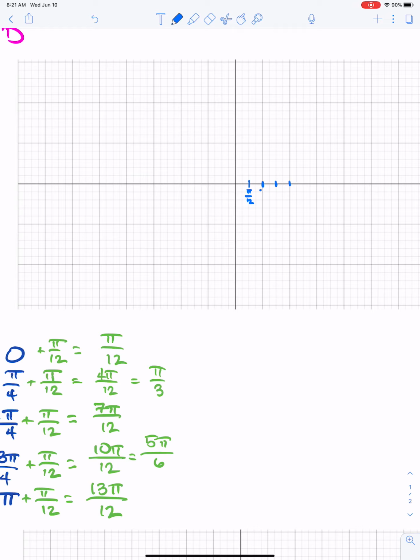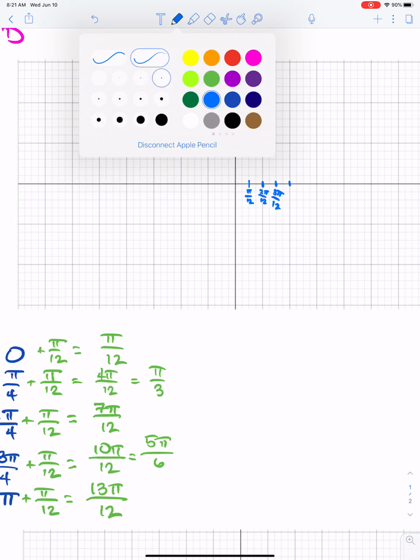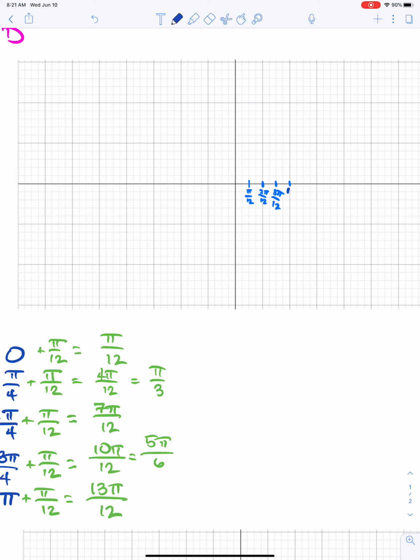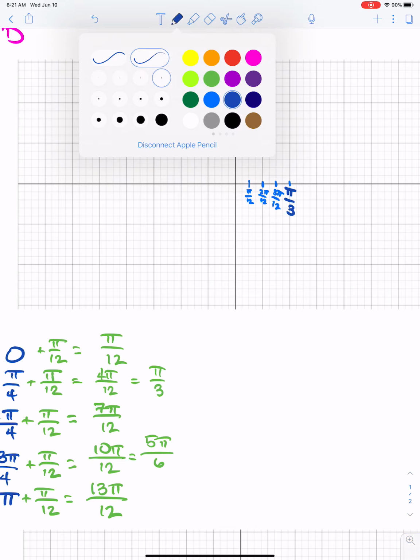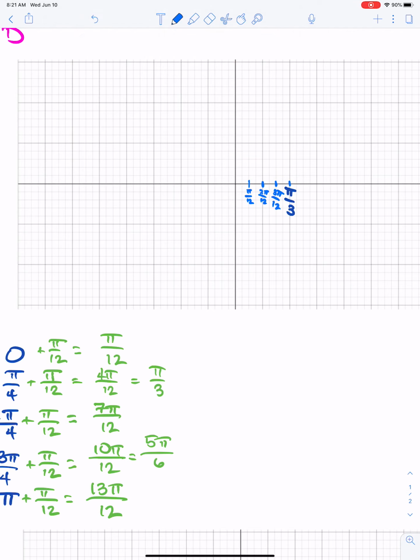I'll fill in a couple here, but we're definitely not going to count all of these since we don't need them. See if we can get some of the standard ones in a different color there. So we got 5 pi over 12, 6 pi over 12, 7 pi over 12. We need that one.